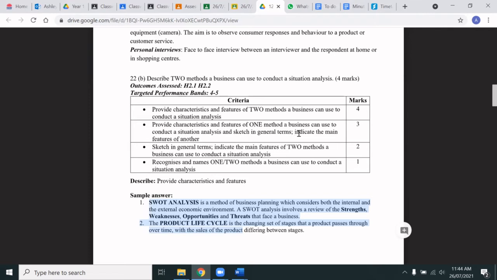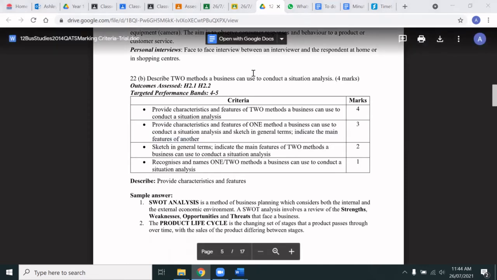So you did this, all right, but you didn't do this. Sketching in general terms, 2 features. So even though your answer was good and you knew what you're doing, I can only give you 2. All right, so lesson learned for everybody. Most of you would have only got 2 because it wanted a description of both, not an outline of both. Outline of both only gave you 2. Okay. All right, questions?